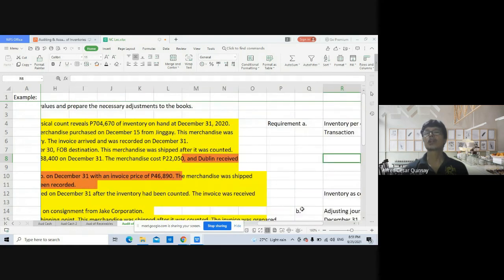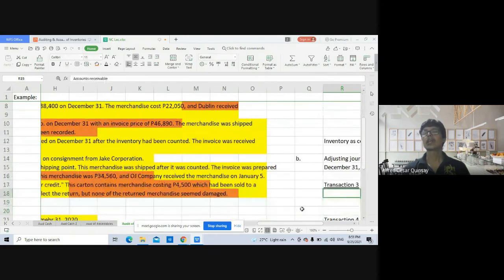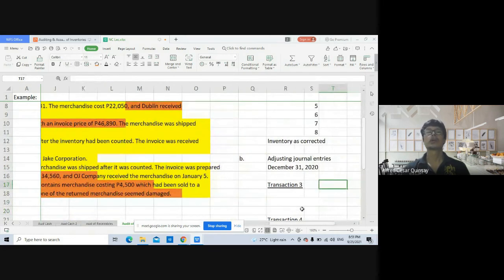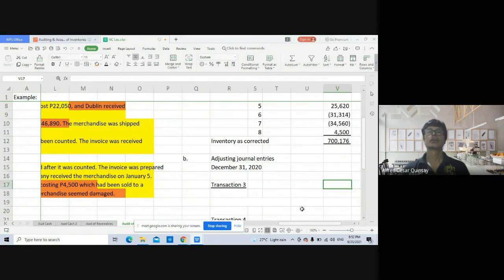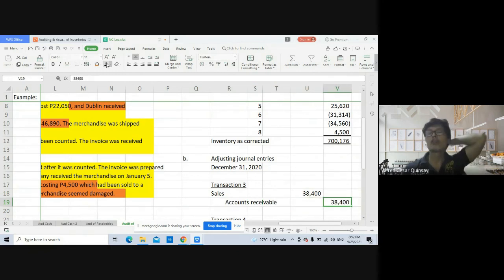So therefore there is an adjusting entry on transaction number 3: a debit to sales for 38,400 and credit to accounts receivable for 38,400. Yan. So, ibinaliktad lang natin, no?